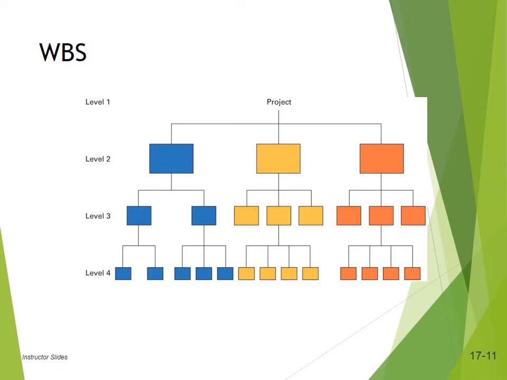So this goes on. We can go even further down, but it is advisable to restrict it maybe to level 4 or level 5, because if you go beyond, it becomes a little complicated. The interaction between those tasks becomes complicated, and it sometimes becomes unnecessary to break it down into even further subtasks.